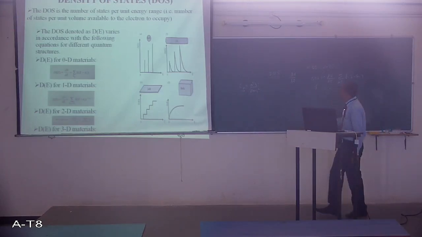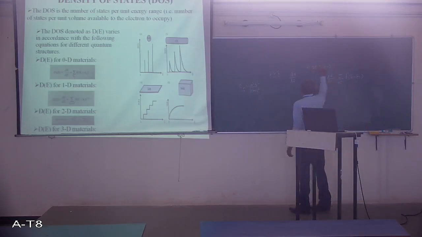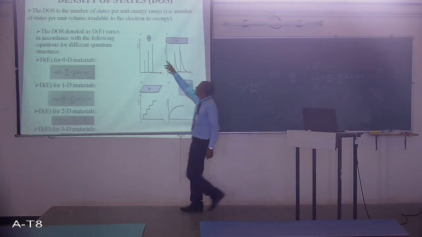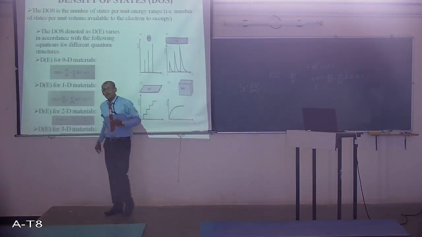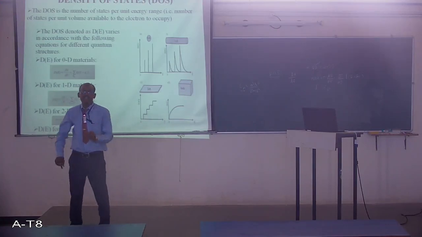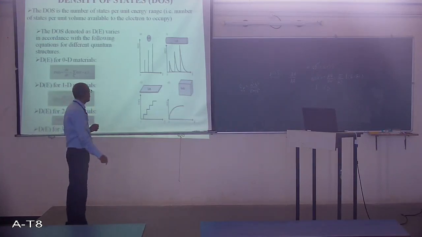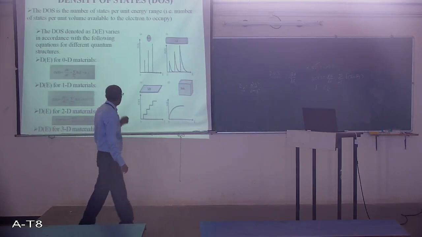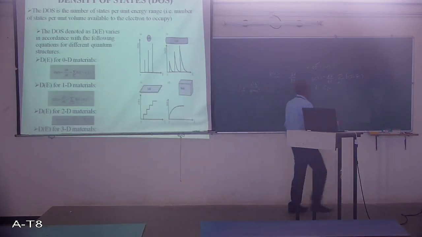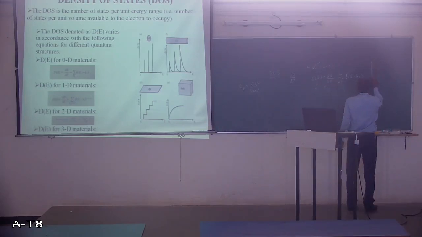So in the case of quantum dot, it is a very small particle. How does the density of states vary with the energy in that very small particle?